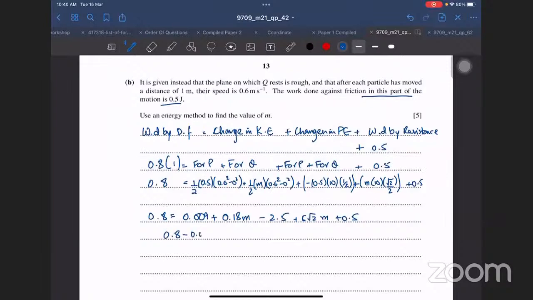So 0.8 minus 0.09, plus 2.5 minus 0.5. It's 2.18 plus 5 root 2 m.